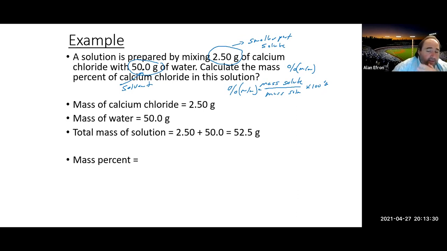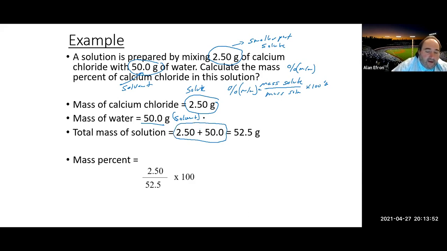So when we would go to do this, it's really important. Obviously, this would be our solute, which would be the top part. But we don't want to divide by 50 because, again, that's only the solvent. So we need to add both of these together to get the actual mass of the solution.